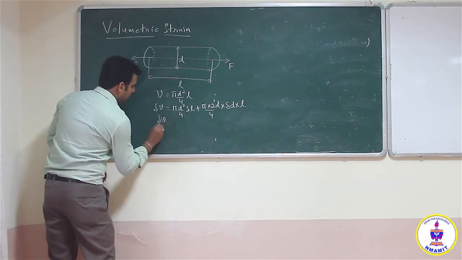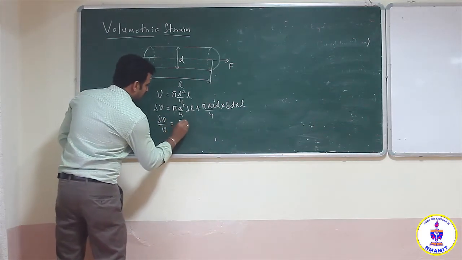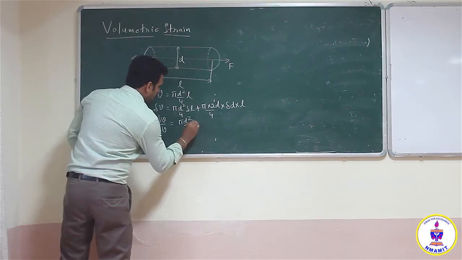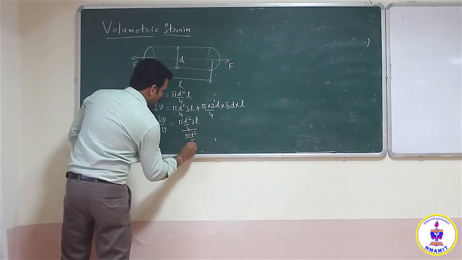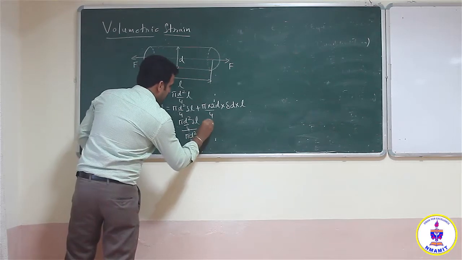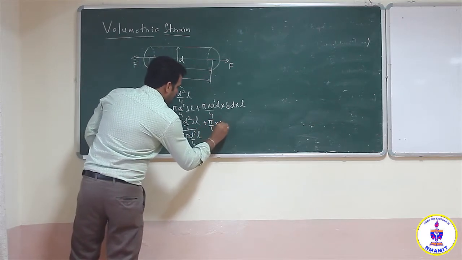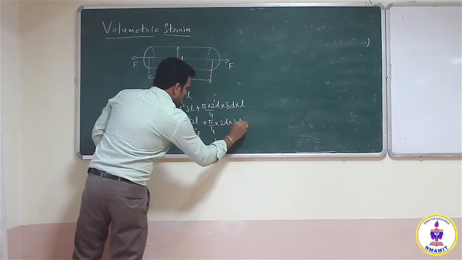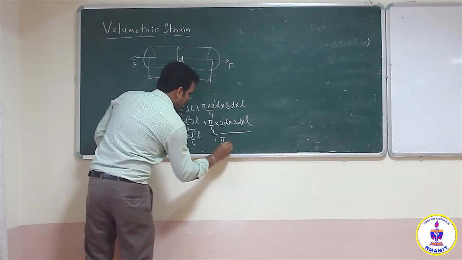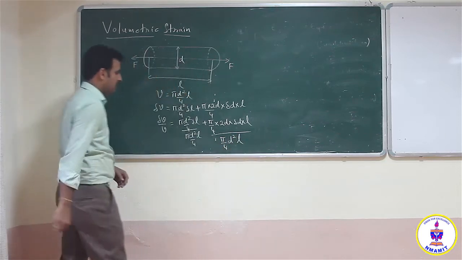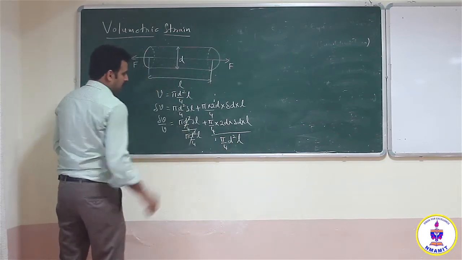Now delta V by V is pi d square by 4 into delta L by pi d square by 4 into L, plus pi by 4 into 2D into delta D into L by pi by 4 into D square into L. So this will get cancelled.